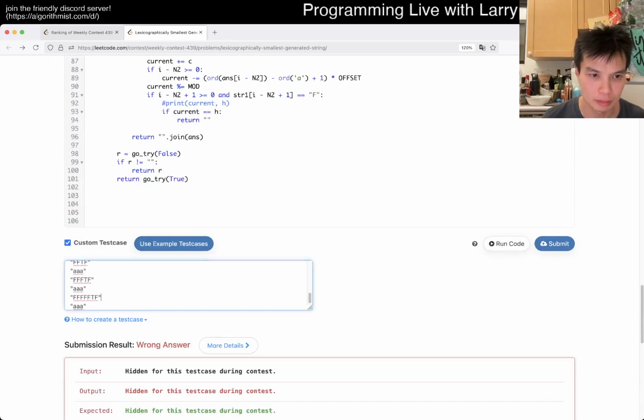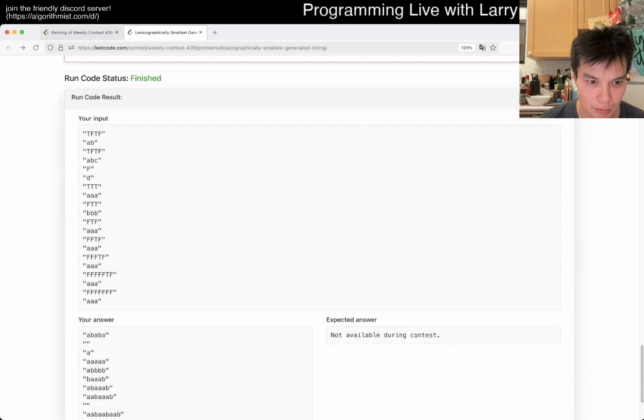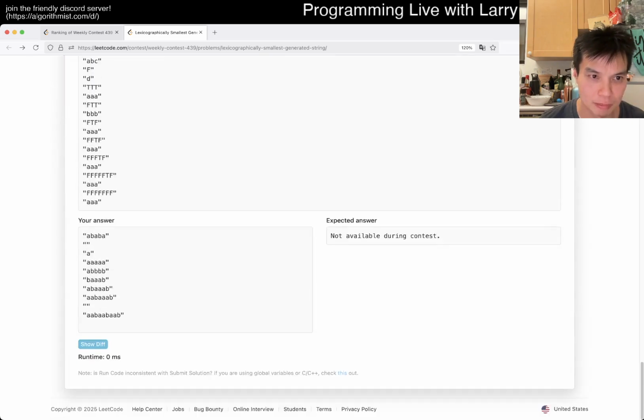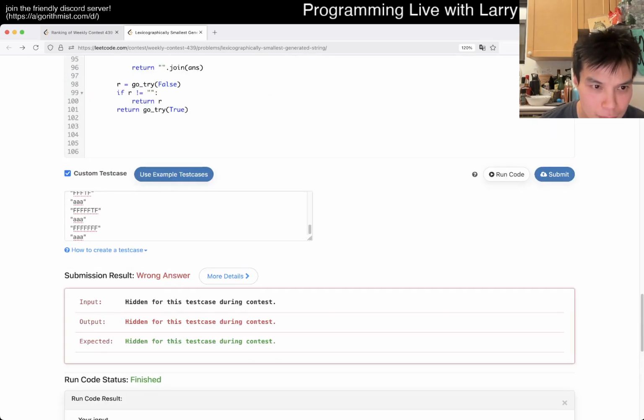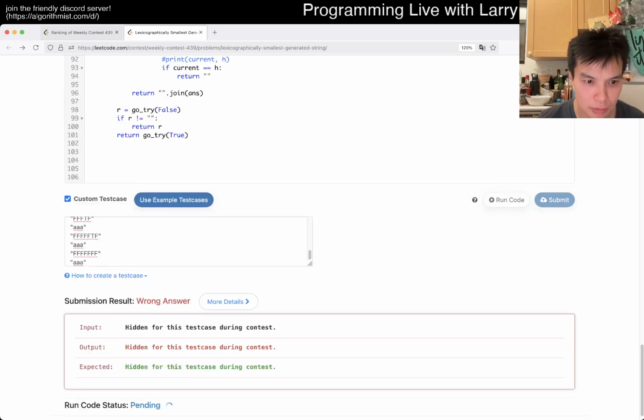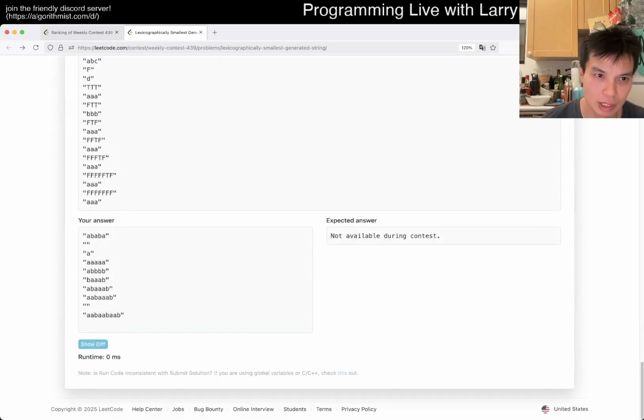In fact, you have something like this. Okay, actually this is right, but this should be right too, right? There should be an answer for this too, and I think that's why. Because here we did the prefix.